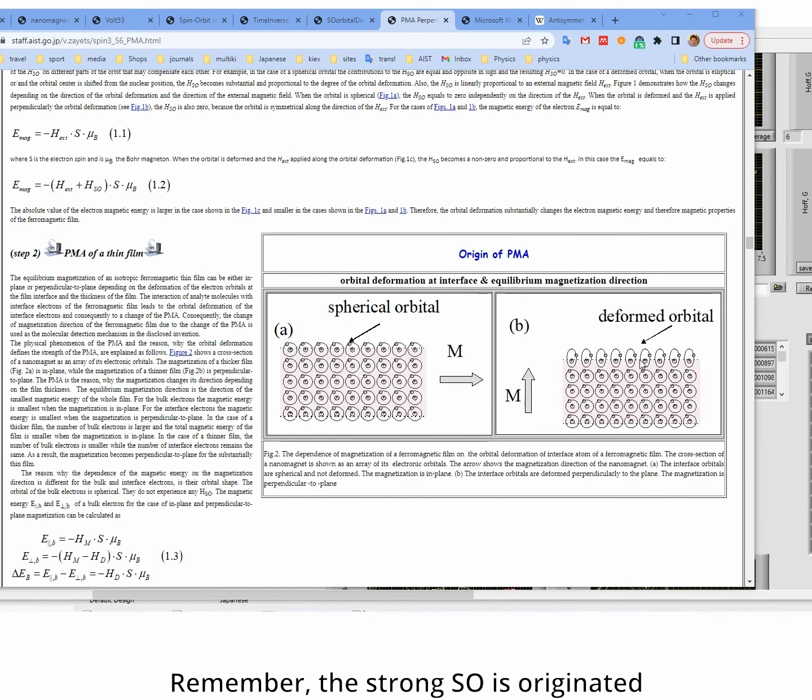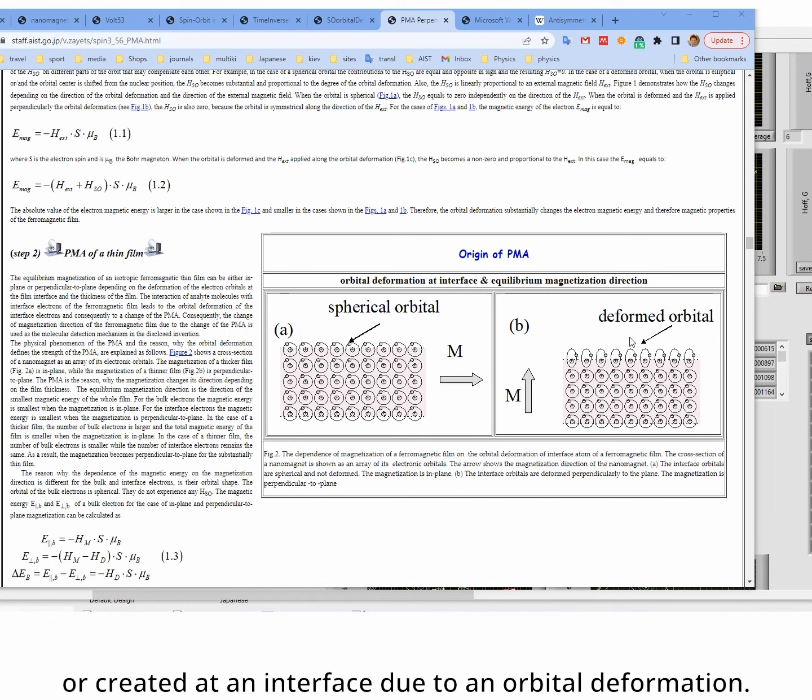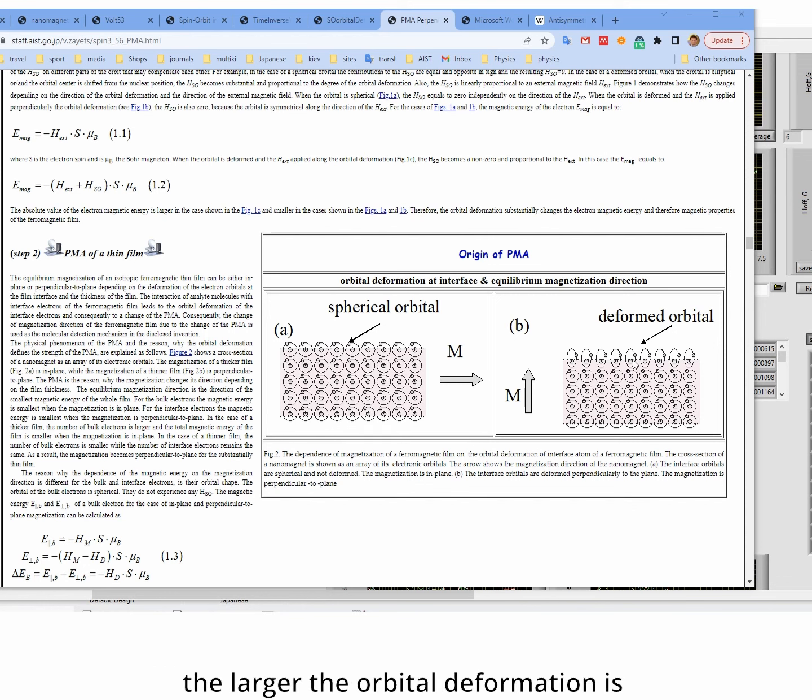Remember, the strong spin-orbit interaction is originated or created at the interface due to the orbital deformation. The sharper and the smoother the interface is, the larger the orbital deformation is, and therefore the larger the spin-orbit interaction becomes.